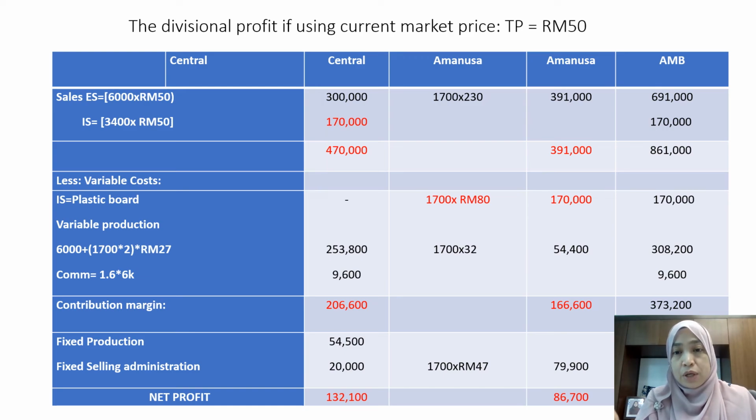And Amanusa division has to pay more, therefore their profit will reduce to 86,700 ringgit. However, for the company as a whole, AMB Bhd, profit will remain at the same value.